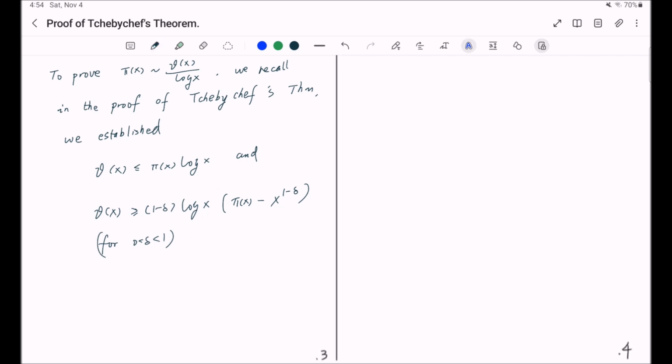And combining these, we obtain that pi of x times log of x divided by theta of x is bounded below by 1 and above by the following. So these two are just a straightforward computation from these two inequalities.